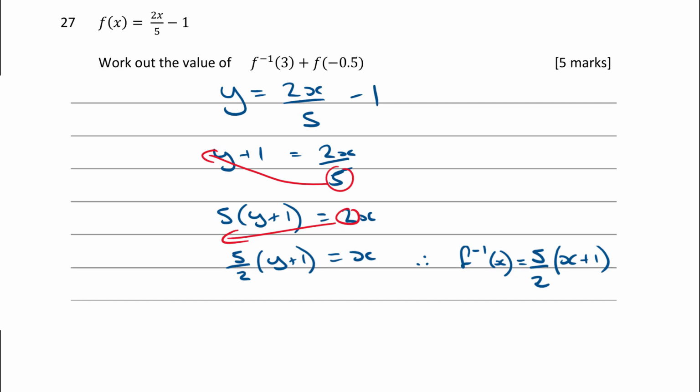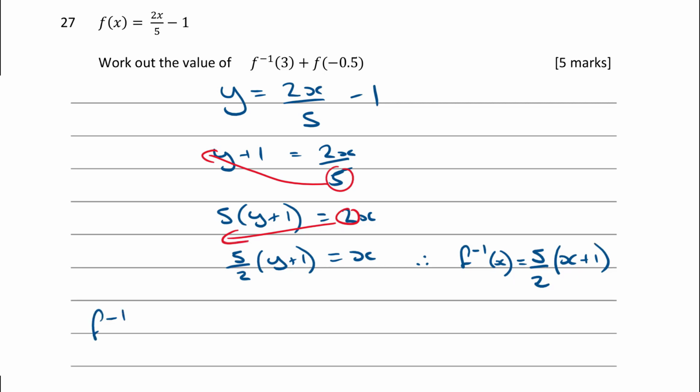Okay, now I know what the f to the minus 1 of x is. I can now evaluate that expression f to the minus 1 of 3 plus f of negative 0.5. That means I need to sub 3 into my inverse function of x. So take this thing here and sub in 3 into it. I'm going to get 5 over 2 of 3 plus 1.